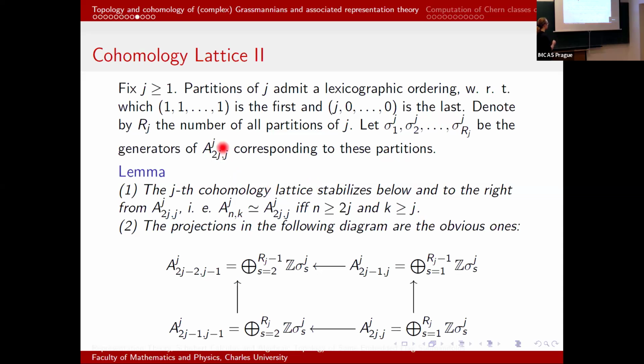The 2J cohomology lattice stabilizes below and to the right from A2J,J, which basically means that if the dimension of the K-planes is greater than J, and at the same time the dimension of the ambient space Cn is greater than 2J, then the 2J cohomologies are the same as the 2J cohomology of the Grassmannian 2J,J.